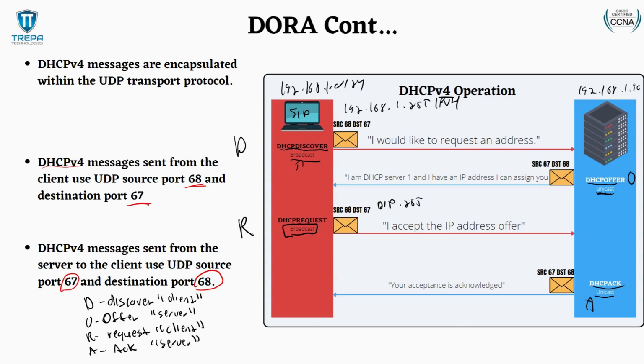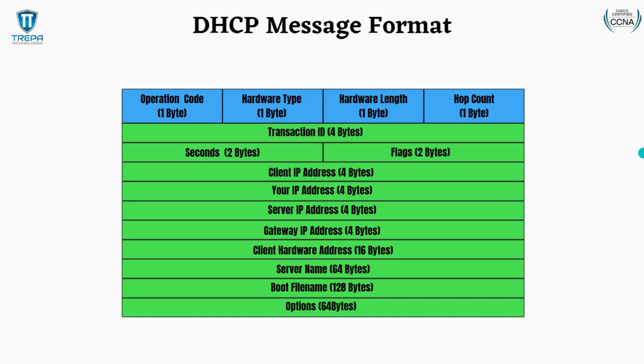So let's actually look at a DHCP packet or the message format. So of course this packet's going to be encapsulated, right? So we're still going to have our Ethernet header, our IP header with the source and destination address. But if we look in here, in the DHCP packet, it's going to have your server address, your IP addressing. It's going to have the gateway IP address that you need to know about. It's going to have this server name here.